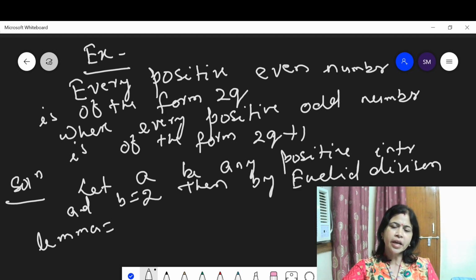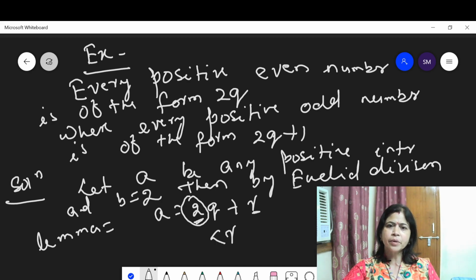Here a is any positive integer and b is not equal to 0. Then a is equal to 2q plus remainder r. Here 2 is the divisor and r the remainder. According to the Euclid division lemma, r must be greater than or equal to 0 and less than the divisor.